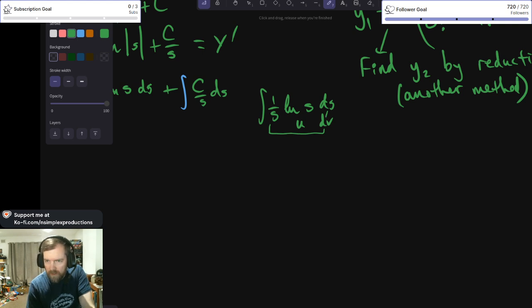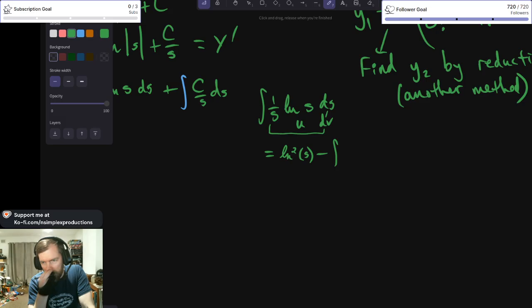Then this is equal to UV. So integrating our 1 over S dS, we get natural log squared of S. Okay, I regret that immediately.